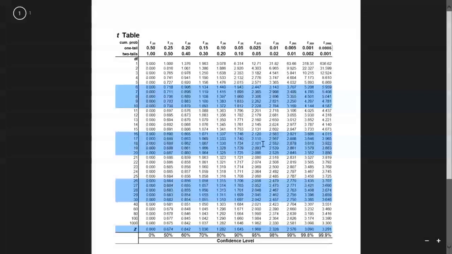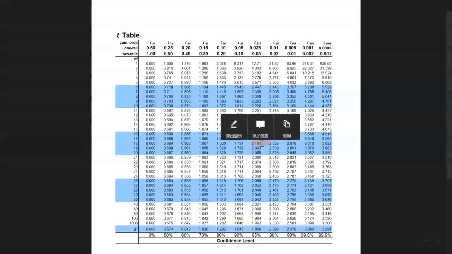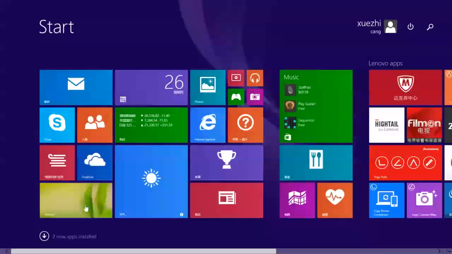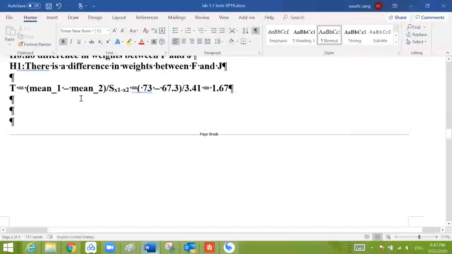So we can figure out our critical t-value here is 2.101. So the t critical is 2.11.